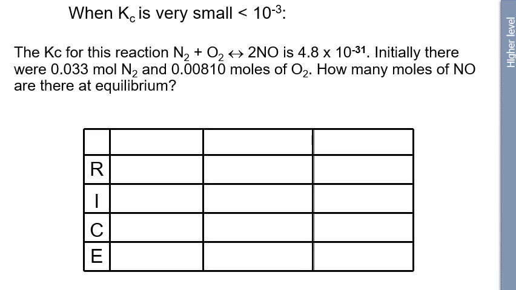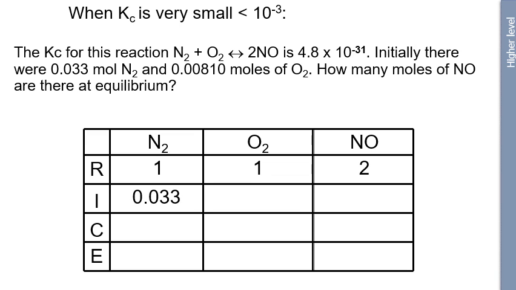Well, again, we're doing the RICE analysis. You have a balanced equation, so you're basically just plugging in the variables. So the three components are your nitrogen gas, your oxygen gas, and your nitrous oxide gas. Okay, and then we have the ratios again, 1 to 1 to 2. Okay, 1 mole of nitrogen reacts with 1 mole of oxygen to give 2 moles of nitrous oxide. Okay, and we're given in the question the initial concentrations.